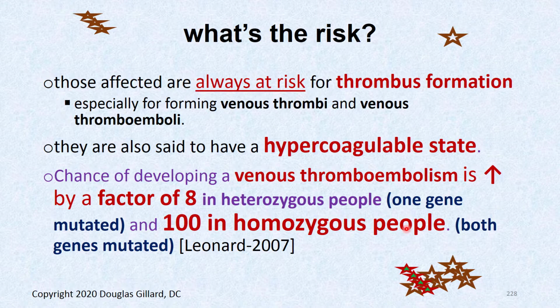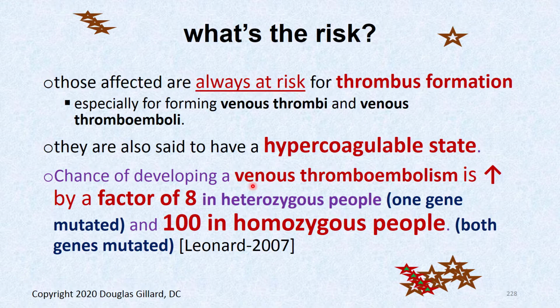Those affected, therefore, are always at risk for thrombus formation, right? Especially for forming venous thromboemboli and venous thrombi. It's kind of the same thing. If you have thrombus formation, you're at risk for it breaking off and becoming an emboli. So these people with factor V Leiden mutation have a hypercoagulable state.